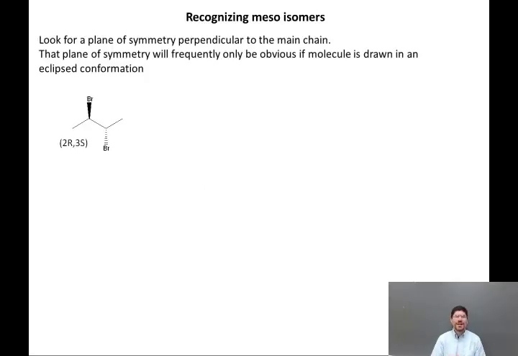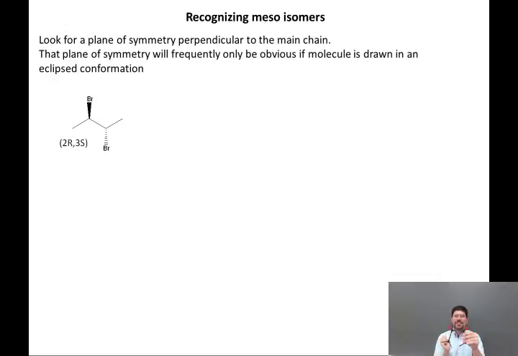Okay, so let's look at this a little more closely. I did this little trick on you called eclipsing it up. I said I put it into an eclipsed conformation. Well, this is frequently going to be what you have to do if you want to be able to recognize meso isomers. The little nomenclature trick on the last slide works, but meso isomers have a plane of symmetry perpendicular to the main chain.